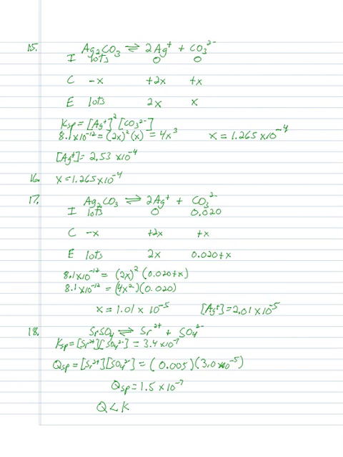Number 19. Addition of a common ion to a solution containing a slightly soluble ionic compound has which effect? Let's imagine that we're dissolving something.